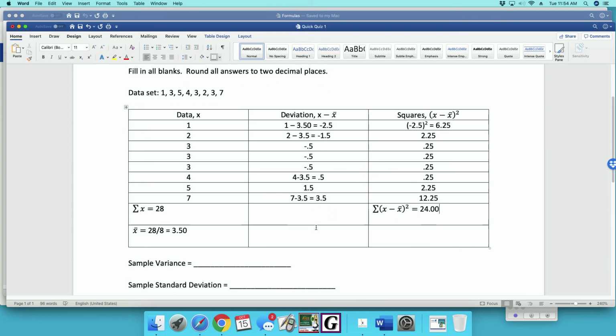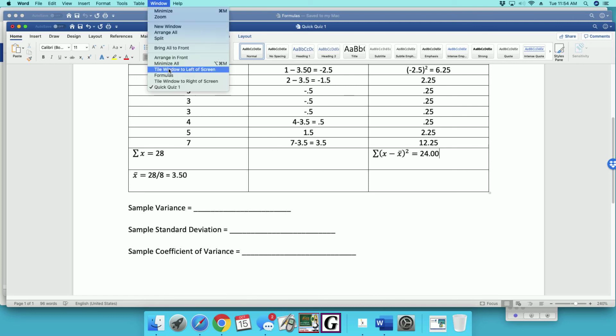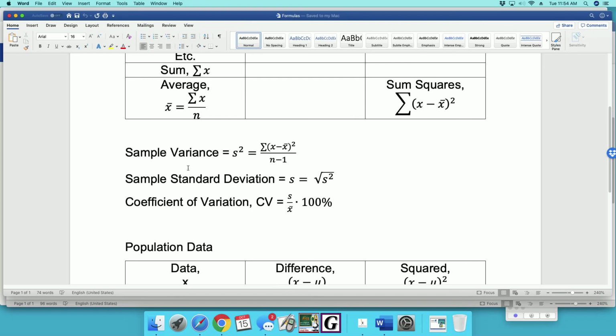Now, you had a formula sheet. So for the variance, I'm going to look at the formula sheet. Sample variance is s squared, which equals the sum of squares divided by n minus 1.